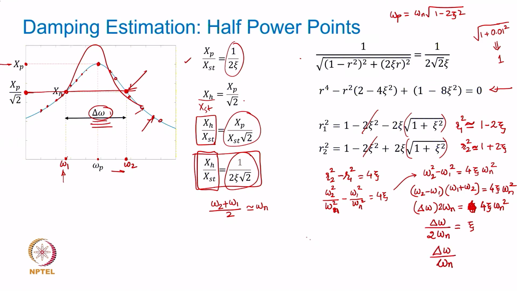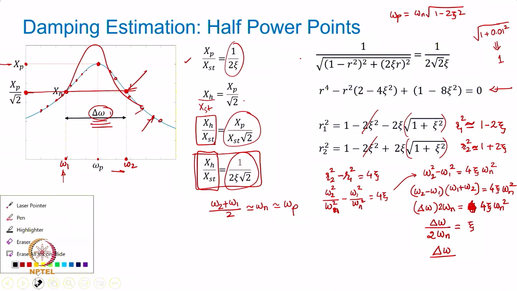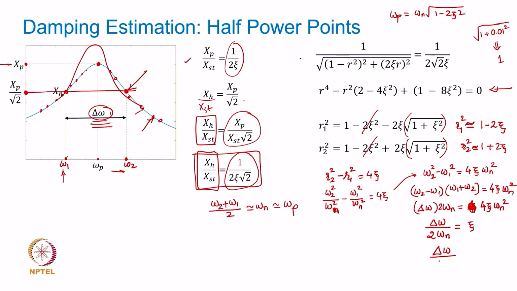Make a note here that this omega n, for a low level of damping, can be like omega p. So, therefore, this delta omega over omega n, with the slight assumption that I mentioned, I write as equal to 2 zeta.